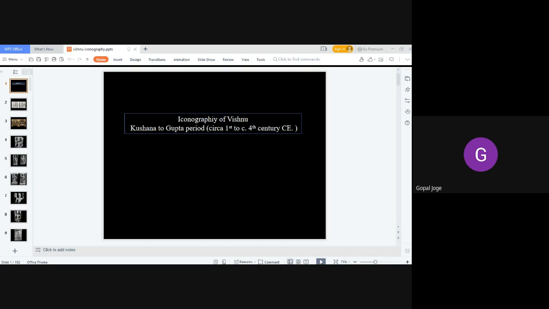Along with the names of Vasudeva and Sankarshan, the mention of the Vrishni heroes also can be seen.